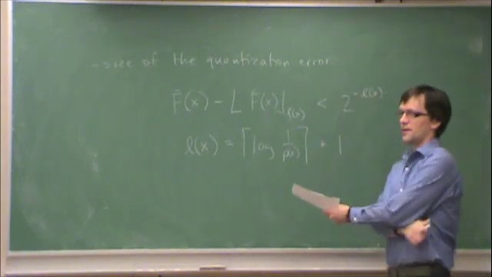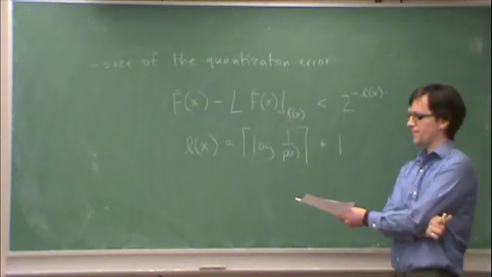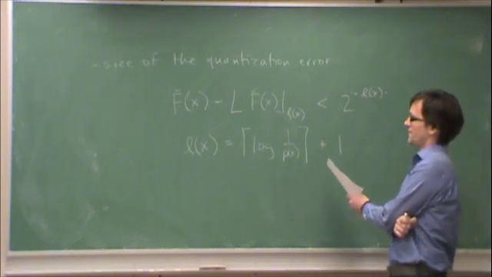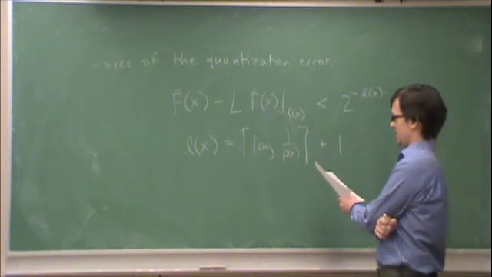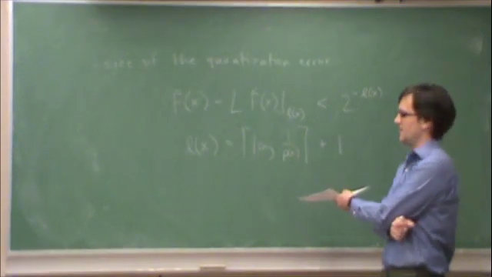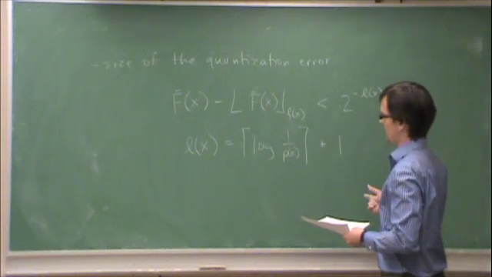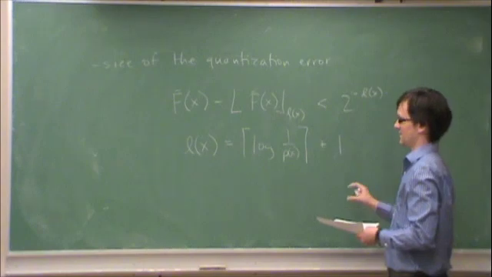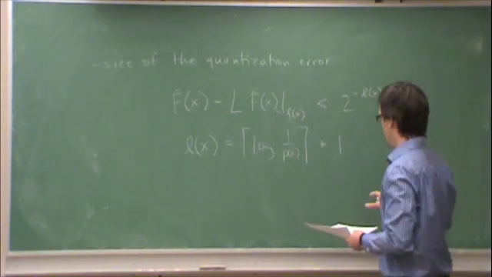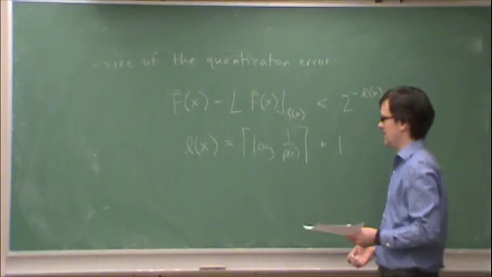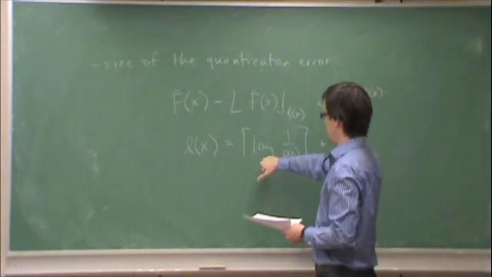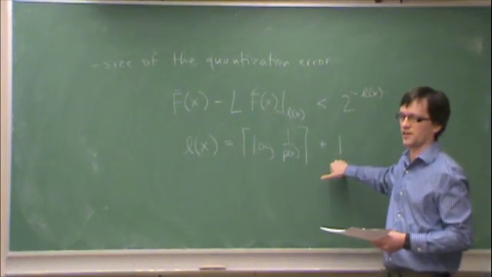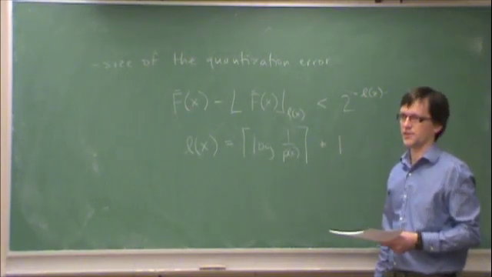So I'm taking 1 bit more than I really need to in order to get a prefix code, but it turns out later on that will be good, because using this particular scheme I can more easily show that this is a prefix code, and that makes this coding scheme usable at the cost of just 1 bit. So it's hard to specify a code with exactly ceiling log 1 over p of x, but if I'm willing to put up with a 1-bit penalty, then I can use this very simple scheme to get a code.